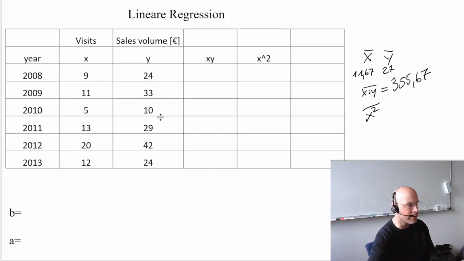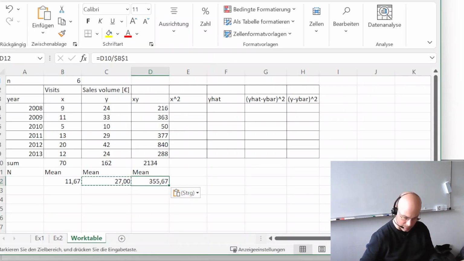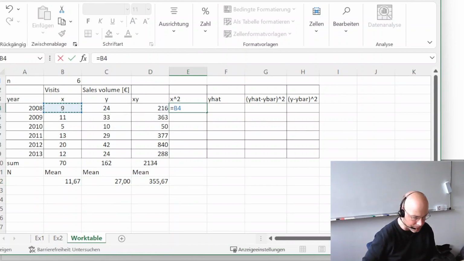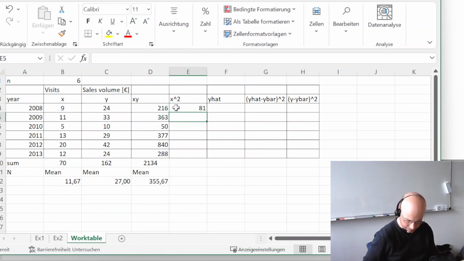And we need X squared bar. So we first have to calculate 9 by 9, 11 by 11, 5 by 5: 81, 121, 25, 169, 400, and 144. Of course, we can also do this here, so this equals 9 squared, 11 squared, and so on.